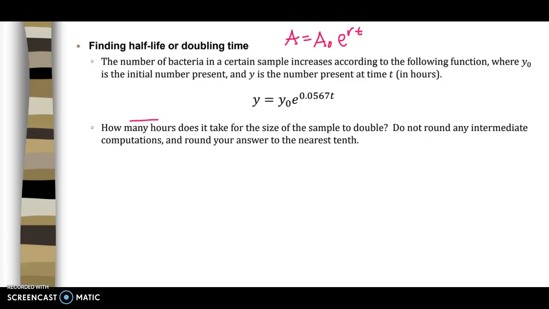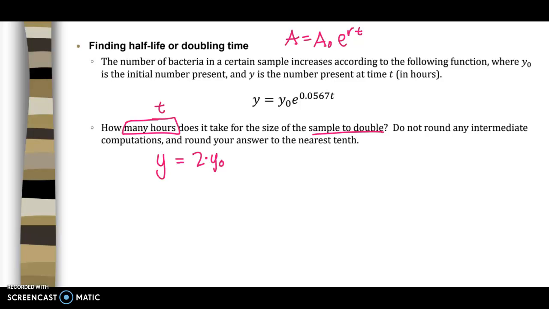So how many hours? So we're finding a time, that's our question. Does it take for the size of the sample to double? So that means our final amount is going to be 2 times our initial amount, if it's doubling, right? We're getting twice as big.